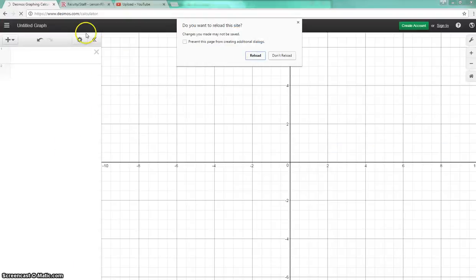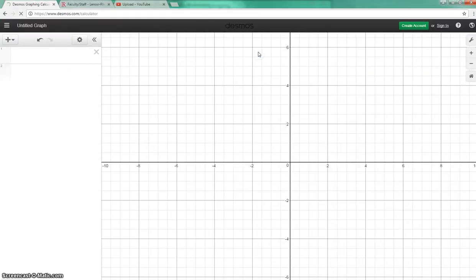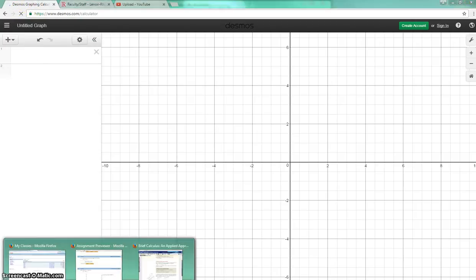Like if we were to graph an exponential function and then we do the log of that function, we are going to get inverse functions from each other. So once Desmos gets going here, I'll come back to it.